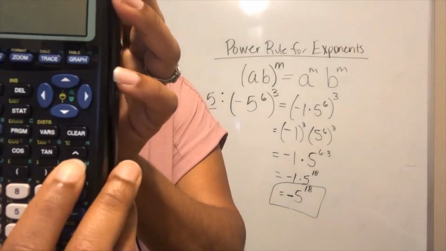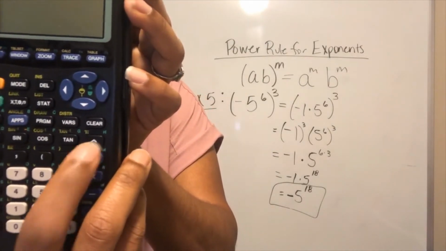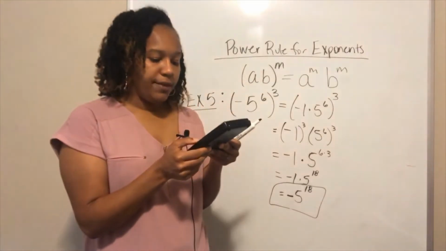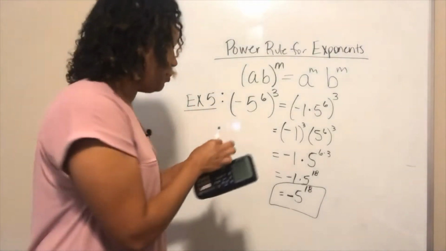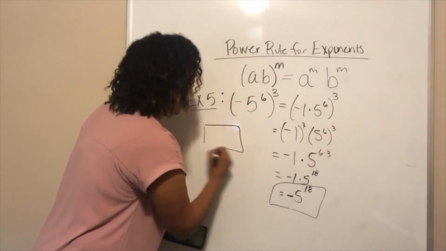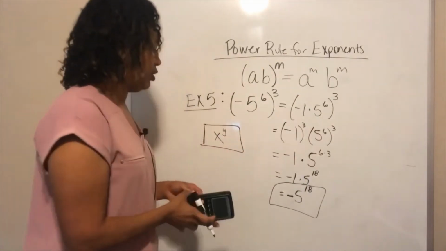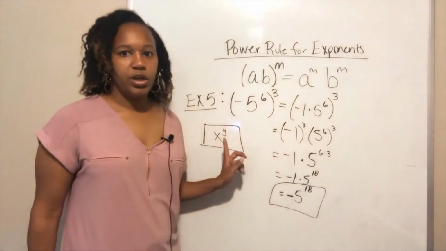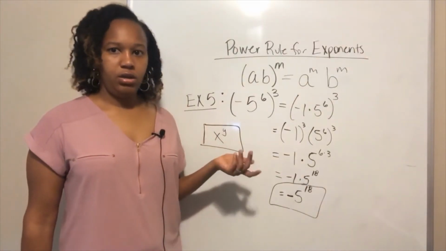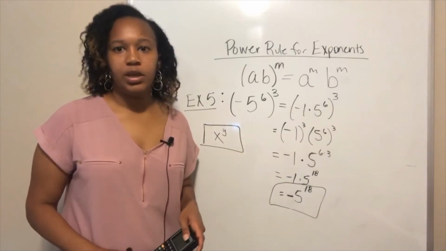It looks like an up arrow, the arrow key. If you don't have an arrow key, then you'll have a button on your calculator that looks like this. X to the Y, that's representing the exponent. You'll push this button to raise to an exponent. So that's how you could use your calculator to raise a number to an exponent.